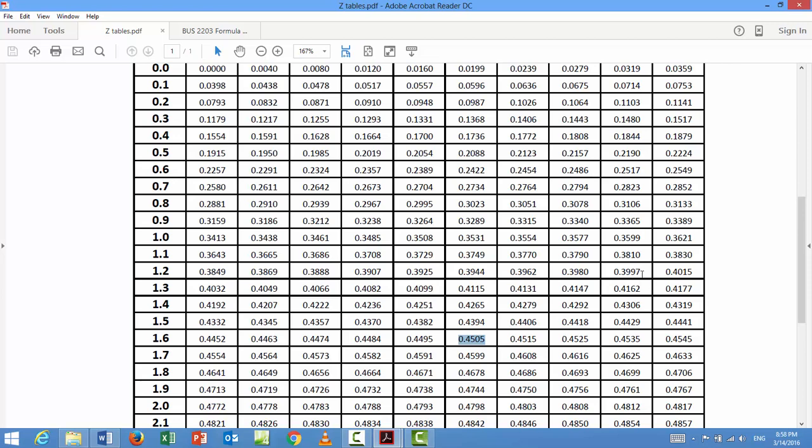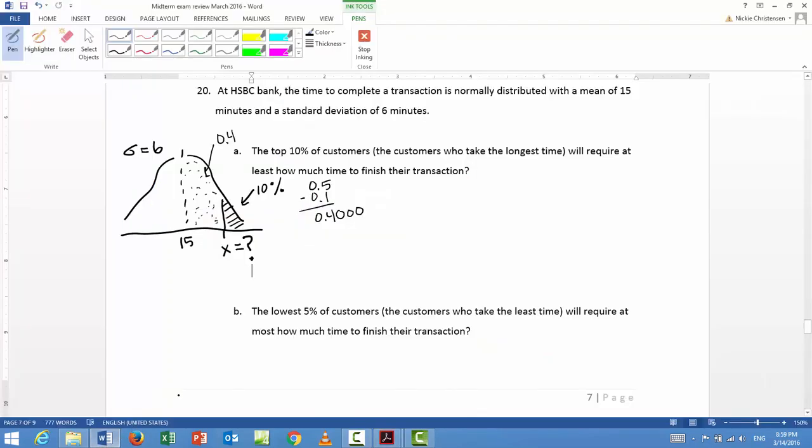Okay, most times you won't find exactly the number you're looking for. You'll find the closest number. So here, this is the closest p-value, isn't it? 0.3997. I'll go back and write that here just for clarity. So I'll write that the closest p equals 0.3997.